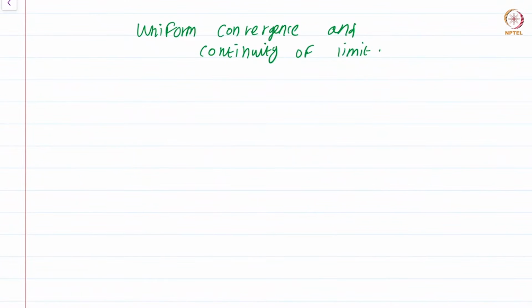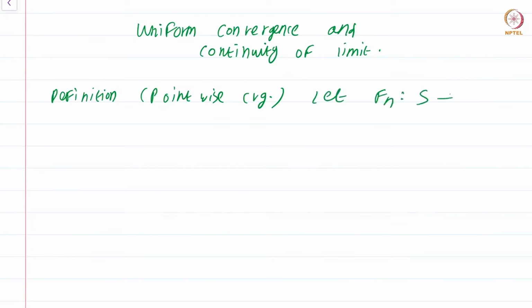Let's begin with the definition. This is of pointwise convergence. Pointwise convergence. Let f_n from S to R be a sequence of functions.